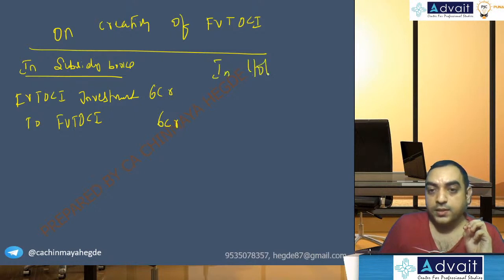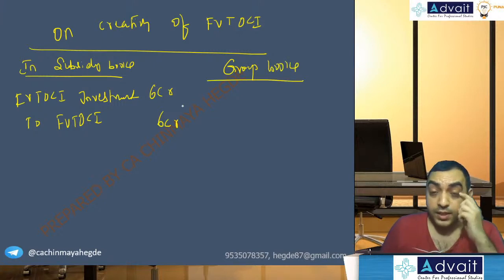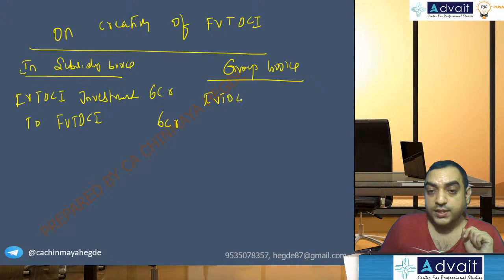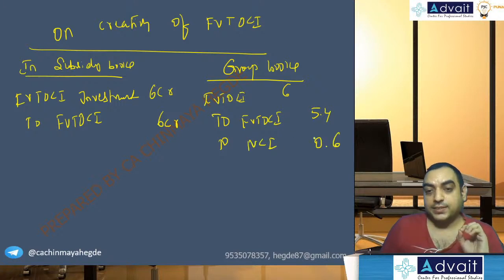In the holding company books, or in the group books, what entry would you have done? You would have done FVT OCI 6 to FVT OCI group books and consolidated P&L. Of the 6 crores, 90%, 5.4, to group and 0.6 to NCI.